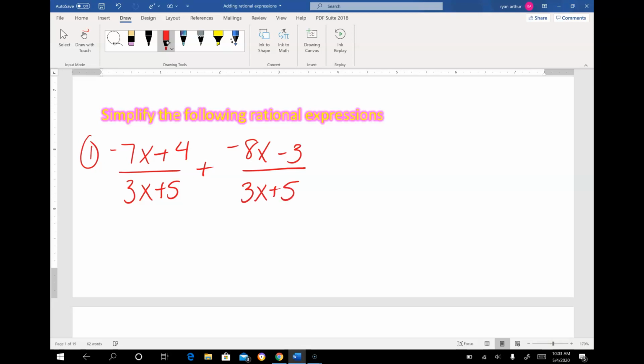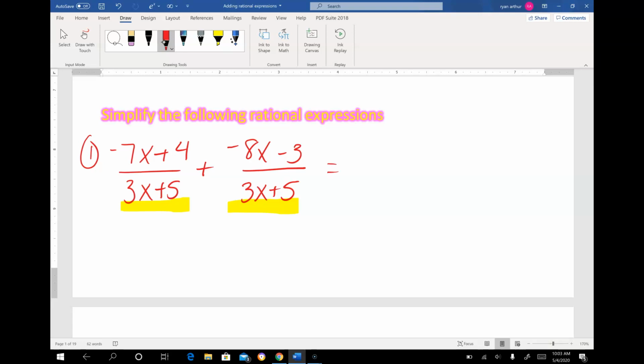Now, factor first. There's nothing to factor. 7 and 4 don't have a common factor. 3 and 5 don't have a common factor. 8 and 3 don't have a common factor. 3 and 5 don't have a common factor. So we skip step 1. Step 2 is to get common denominators. Well, these already have common denominators, so we don't have to do anything.